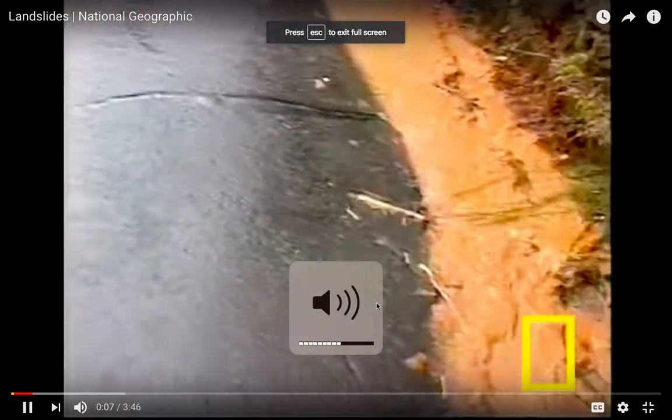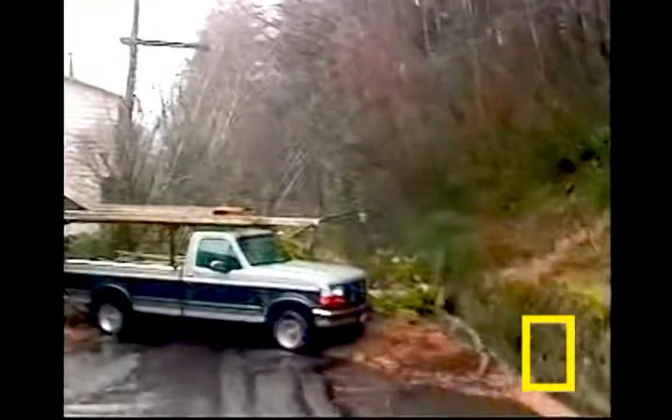1996. A mountain begins to move, and for a contractor and his son, there's only one option: get out of the way fast.